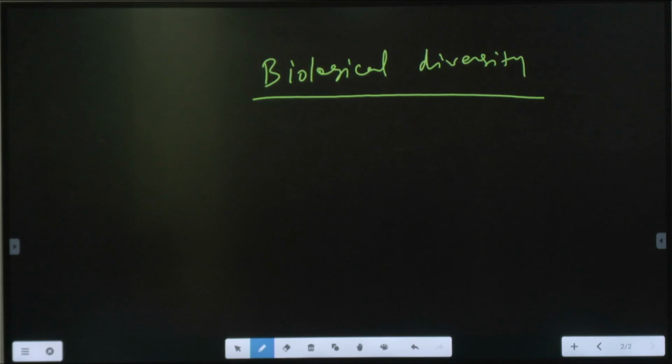We can approach this term variety in multiple dimensions, right? Let's say here we are around 20 persons. So this number 20 is the number of different organisms, which is one type of variety. But let's say apart from us, one dog and one cat are also in this classroom, so this term variety can also be discussed in a different manner: one species of human, one species of dog and one species of cat are there within this classroom or at this location.